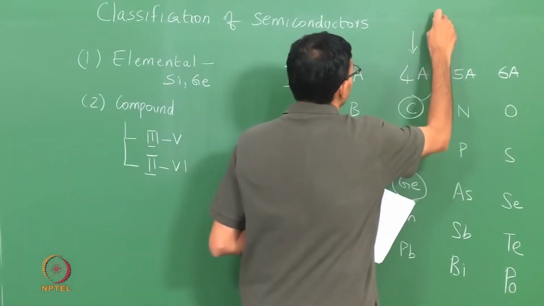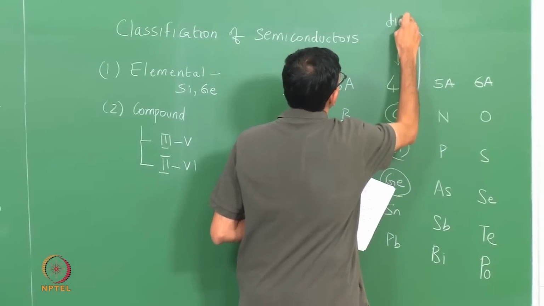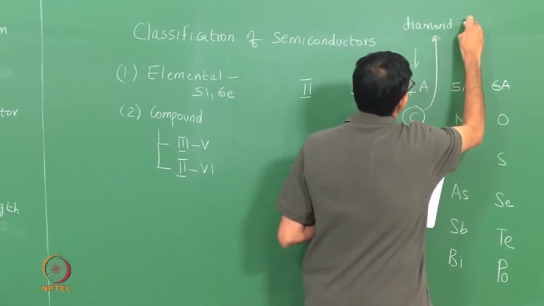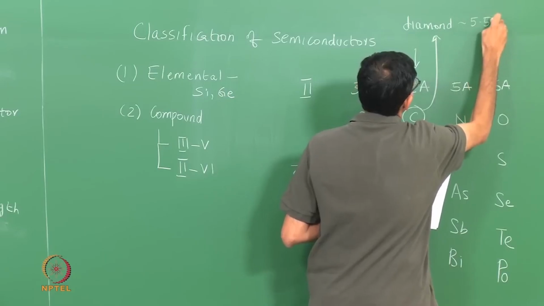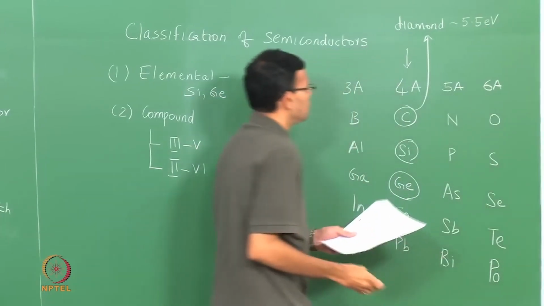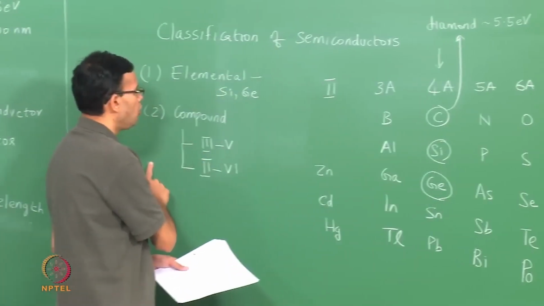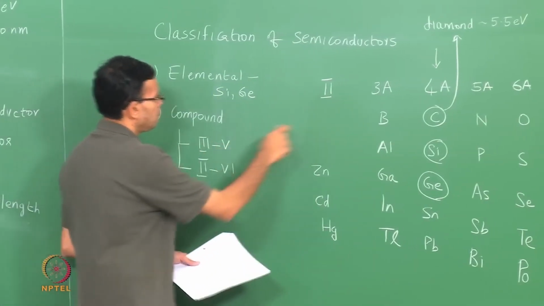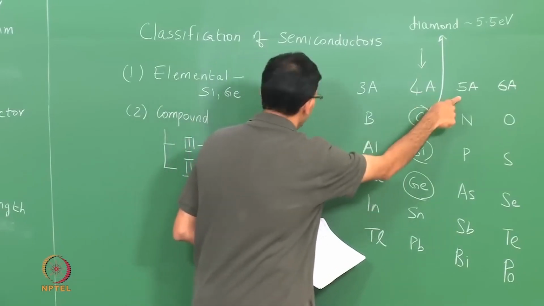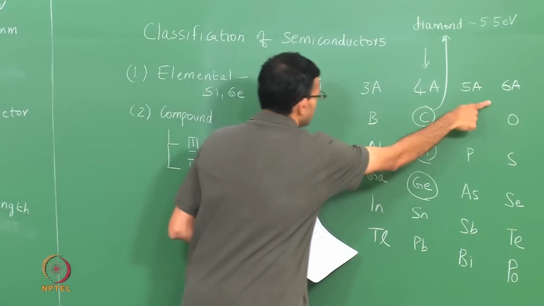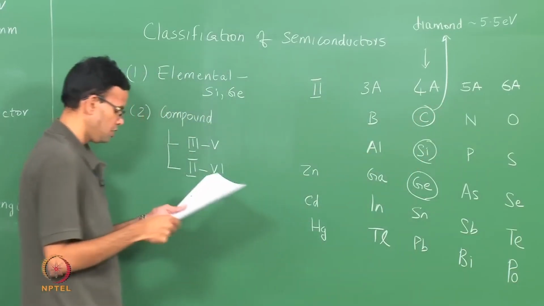So, diamond has a band gap of around 5.5 eV. So, that carbon is really an insulator. You can also form semiconductors by using elements from 3 and 5, those are your 3 5s. You can also form 2 and 6, those are your 2 6s.